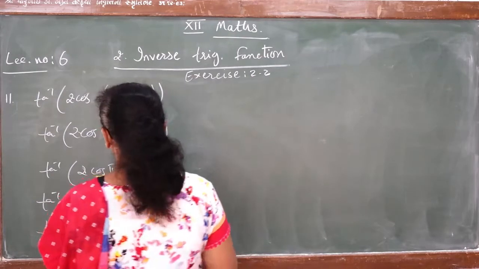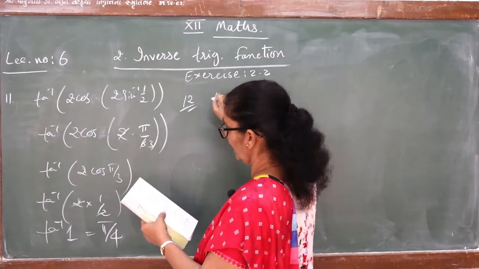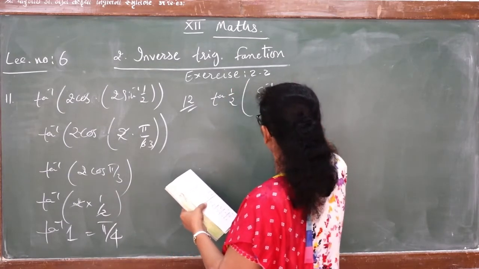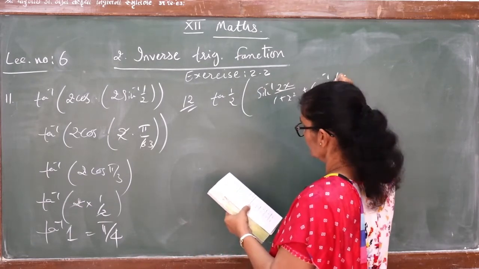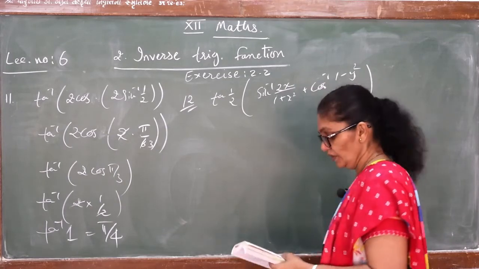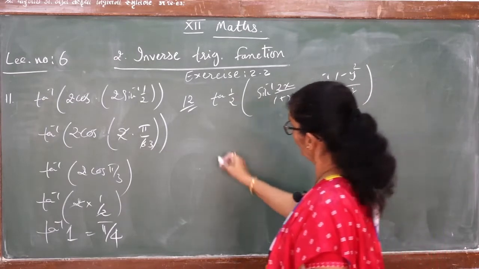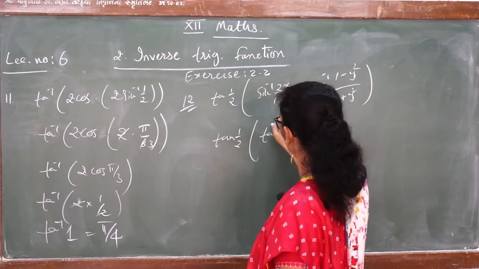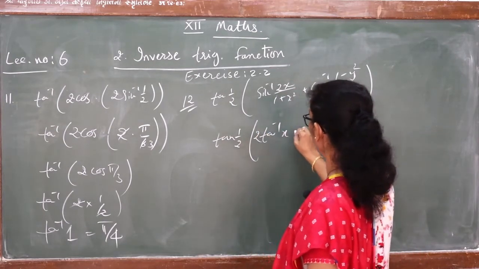Your 12th question. The 12th again, the method is the same: tan half of sine inverse 2x upon 1 plus x square plus cos inverse 1 minus y square upon 1 plus y square. Now you tell me, sin inverse 2x upon 1 plus x square is your formula only. We have already discussed what it is, 2 tan inverse x.